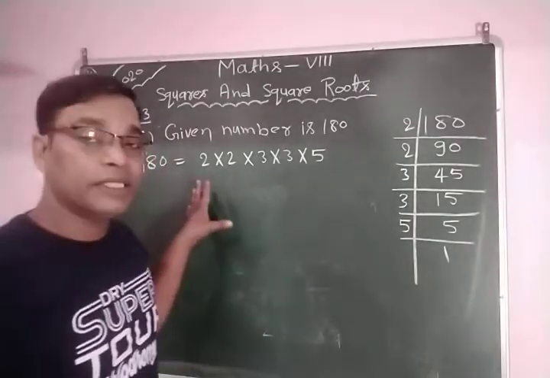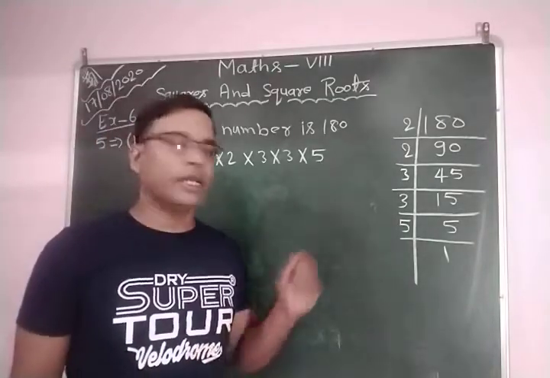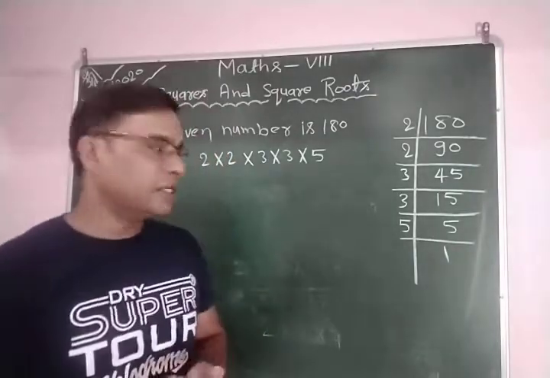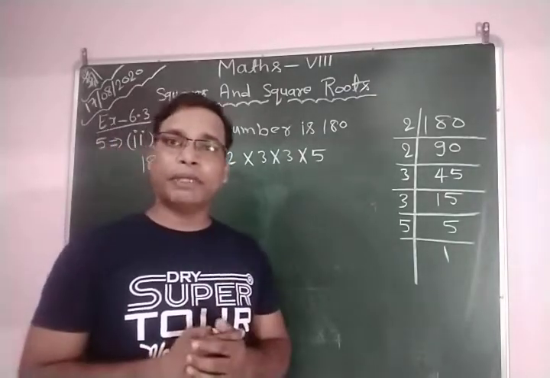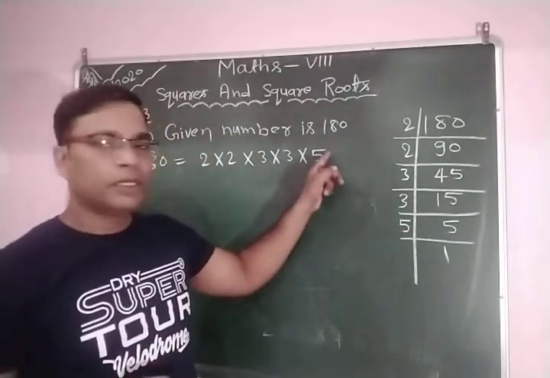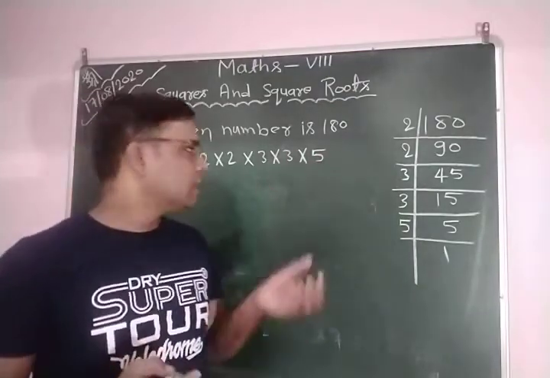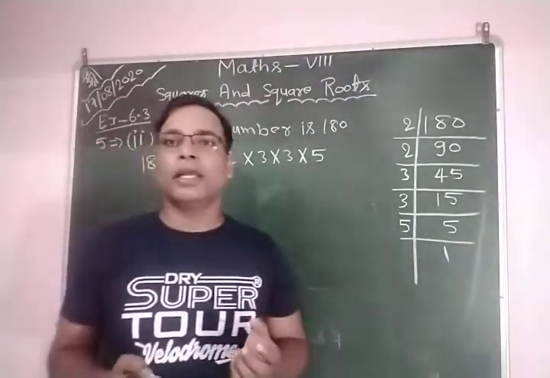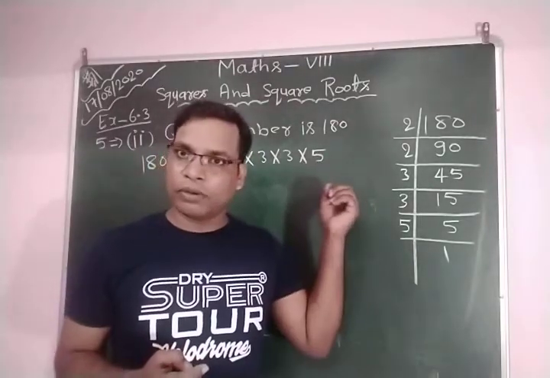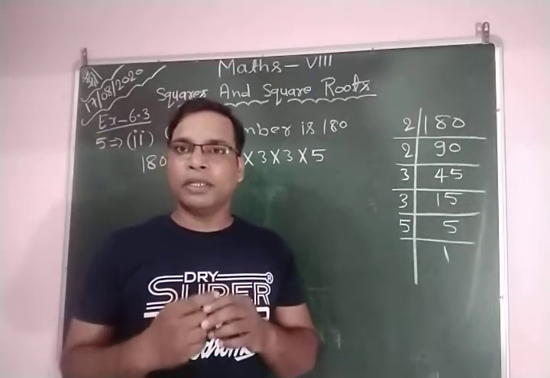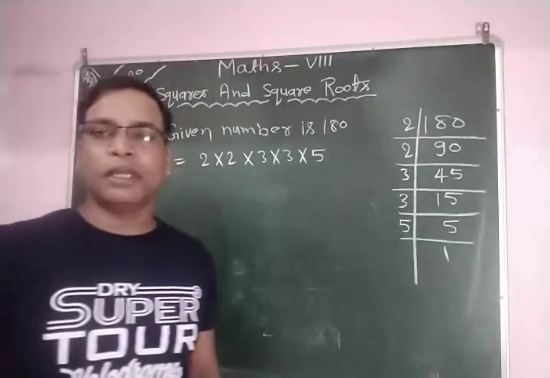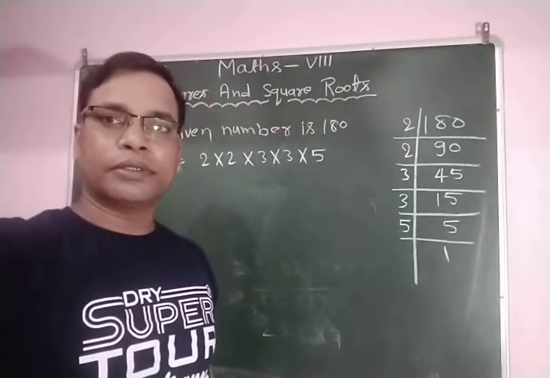And this number is not a perfect square because 5 has no pair. If you multiply this number by 5, then it becomes a perfect square number. Then 5 will also be in a pair, 2 has a pair, 3 has a pair. Then this number becomes a perfect square.